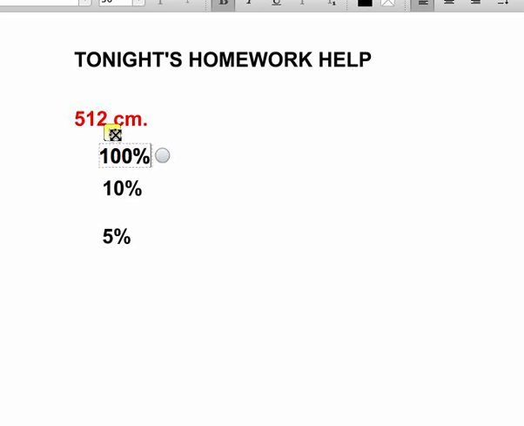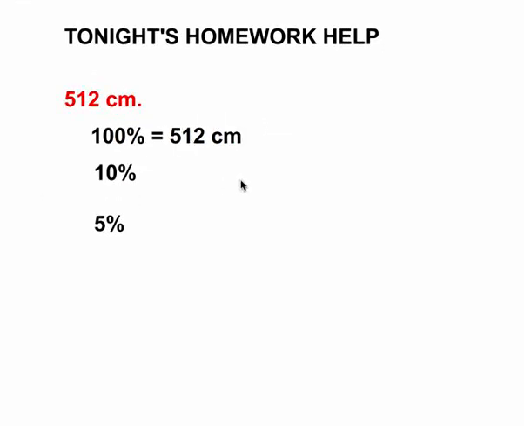If our car traveled 512 centimeters, 100% would be 512 centimeters. That's the whole thing. 100% means that entire value. So if your car traveled 512 centimeters, and I said you can be 100% off, you could be within 512 centimeters. We need to get that down to 5%.